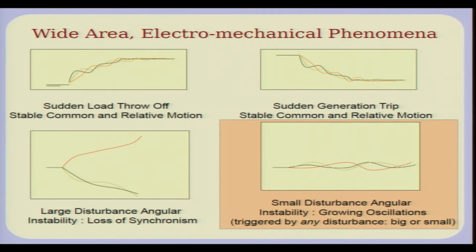Another thing which we saw in the previous lecture, in addition to this, in a synchronous grid, is the question of how the center of inertia motion of the system behaves, and the center of inertia motion is dictated by the total load generation balance, and the total load generation balance has to come to an equilibrium.